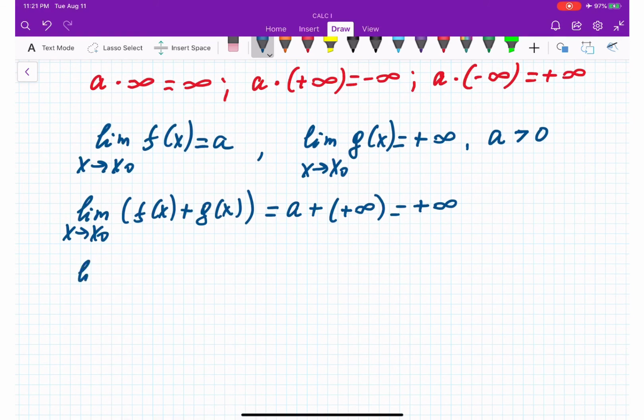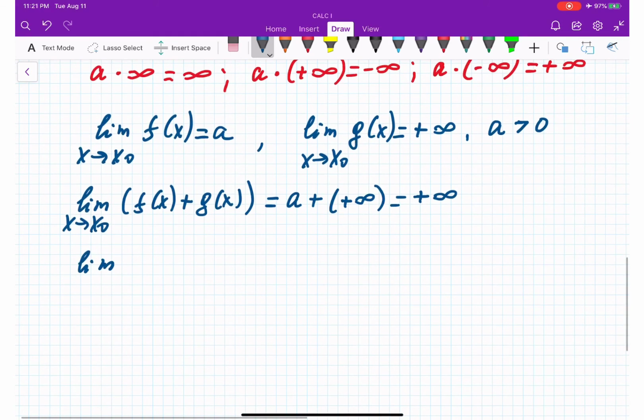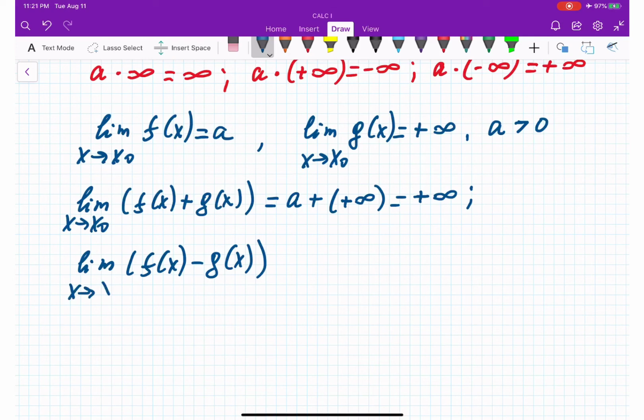Next, the limit of f of x minus g of x, applying the properties to an enormously large number, when x approaches an end point or some point at infinity. It's going to be a minus infinity, since the limit of g of x is positive infinity. The result is obviously negative infinity.